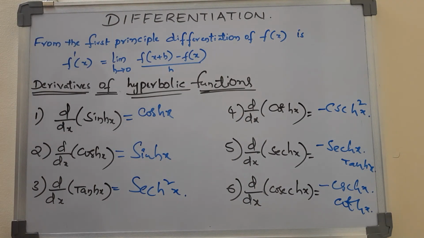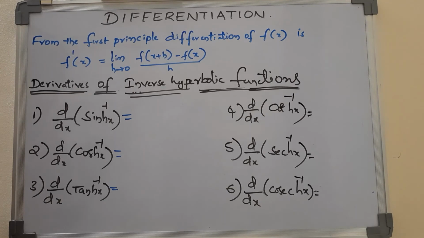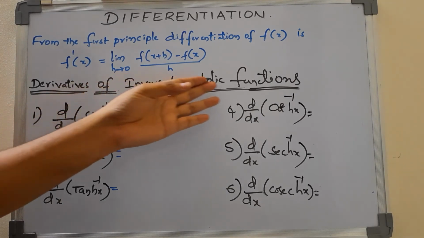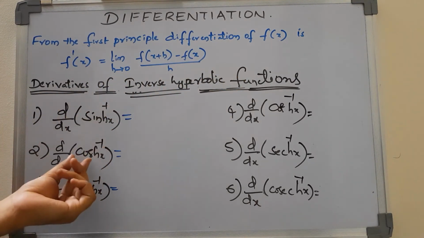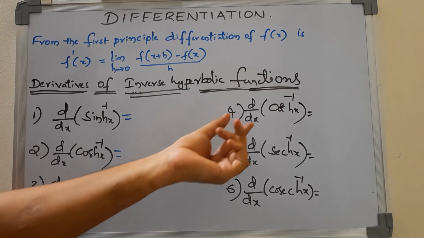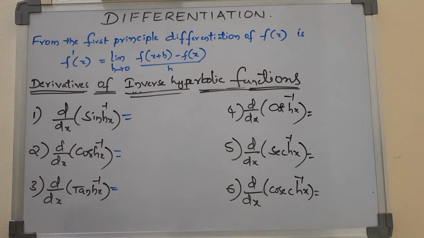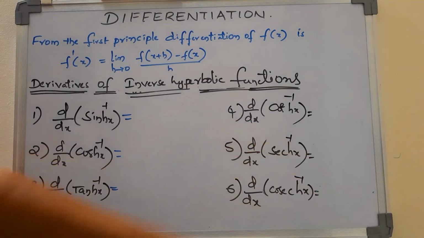Next, we will see the derivatives of the inverse hyperbolic functions. Here you can see the inverse hyperbolic functions: sin h inverse x, cos h inverse x, tan h inverse x, cot h inverse x, cosecant h inverse x, and secant h inverse x.